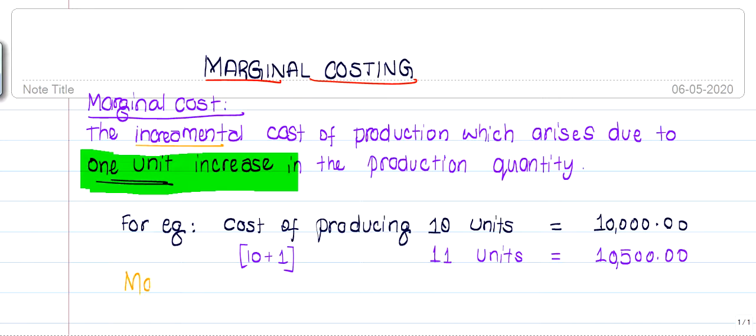So what is the marginal cost? Marginal cost is 10,500 minus 10,000, rupees 500. Marginal cost, as understood in economics, is the incremental cost of production which arises due to 1 unit increase in the production quantity.